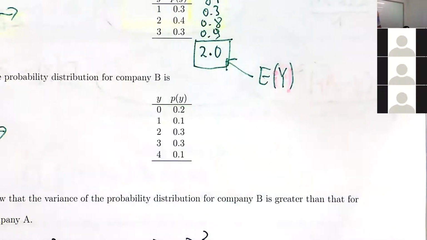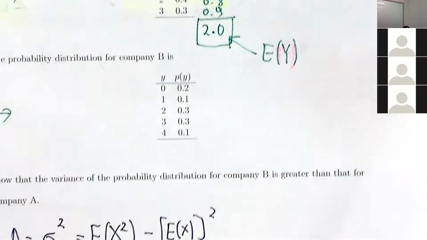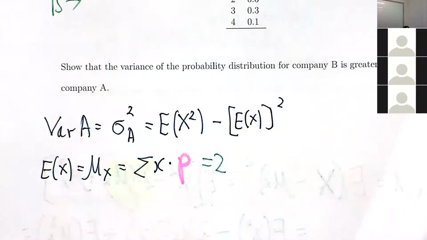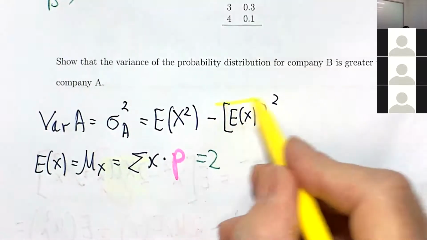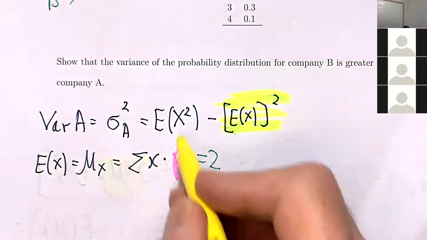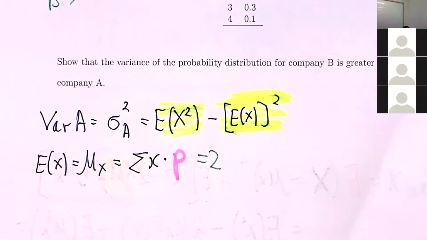Okay, so how are we going to do that? Let's write what we are looking for. So this bit here will be 2 squared. Now this guy here, expectation of the x squared. So let's write it.